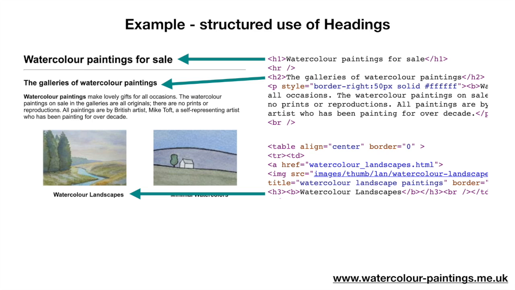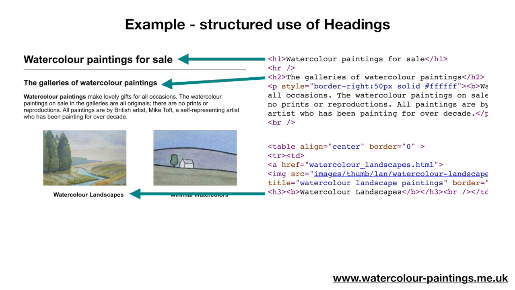Then at the bottom of this snapshot of the code, you can see an H3, and effectively this is telling the search engines, hey, there's a page here selling watercolors. Here are the galleries, and these are the watercolor landscapes. So you can see how I've told the story just by using H1, H2, H3. Notice I only use H1 the once.